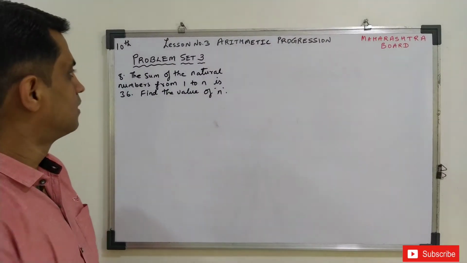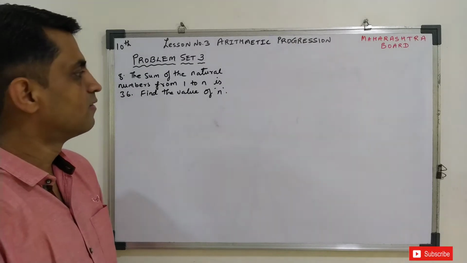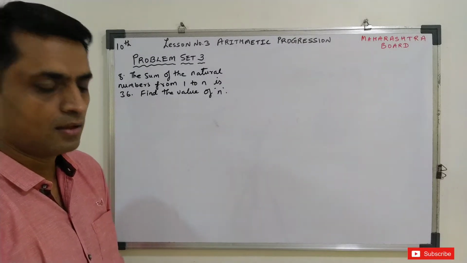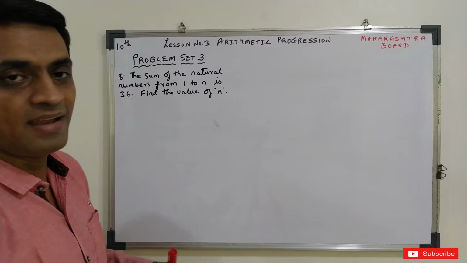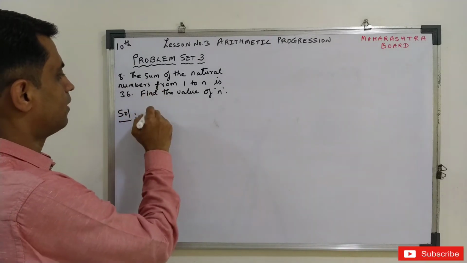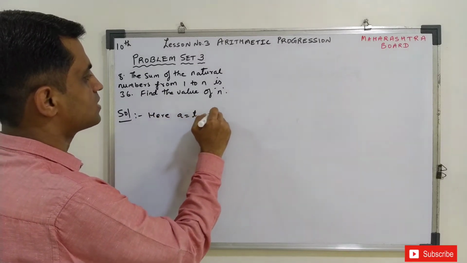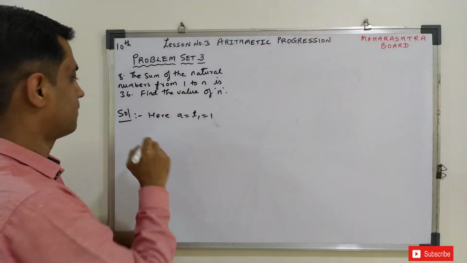8th sum students: the sum of the natural numbers from 1 to n is 36. Find the value of n. Now we have to find the n here. Let us note down what they had given. Here a is equal to t1 is 1, because the first number is 1.